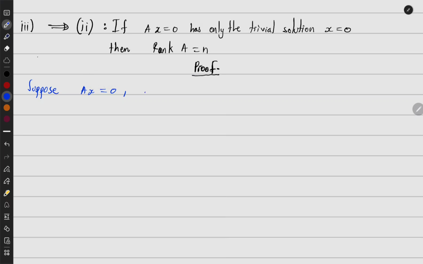Okay, let me use an example. Let's say our A is a 3 by 3 matrix: A11, A12, A13, A21, A22, A23, A31, A32, A33.